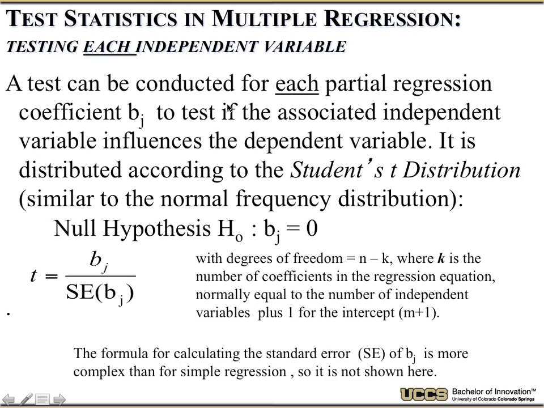If I'm going to do statistical tests in multiple regression, you can do two different things. You can test each independent variable separately, even though I did the fit jointly. Again, the null hypothesis is that there is no relationship, and it's the same test we had before: bi divided by its standard error. But now our degrees of freedom is n minus k, where k is the number of coefficients in the regression equation.